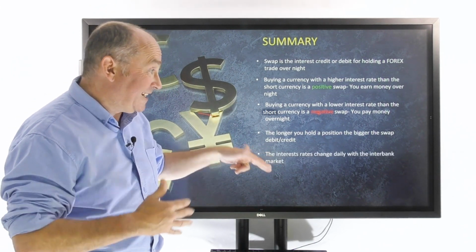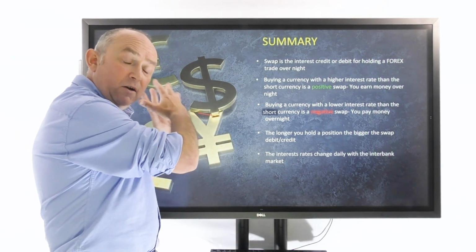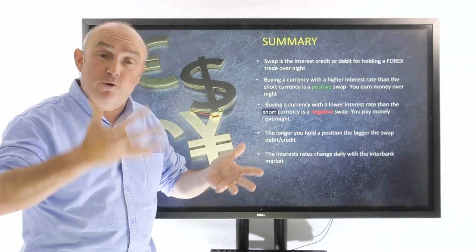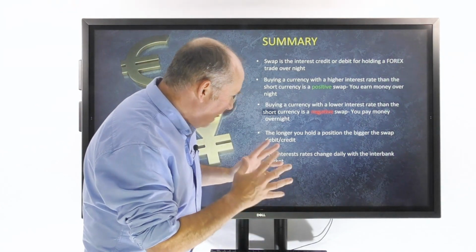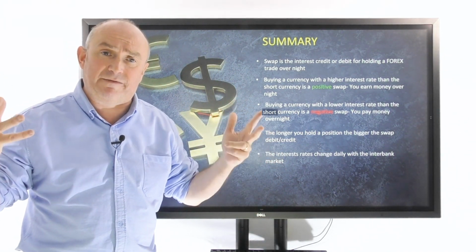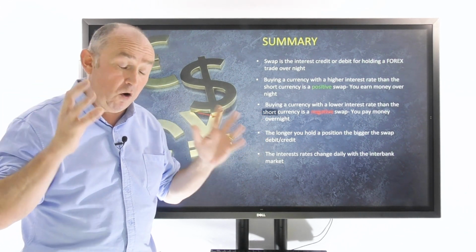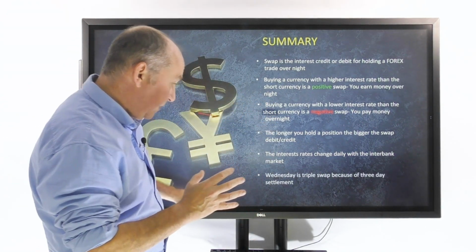Interest rate changes daily with market interbank rates. So whatever you see here on that calculator, they are changing throughout the trading day as interest rates move in the interbank market. The other thing you need to factor in, of course, is the size of the trade. The size of the trade will affect the swap rate as well, because you're factored in as a percentage of the overall money that you're borrowing or indeed lending. So factor that in as well.